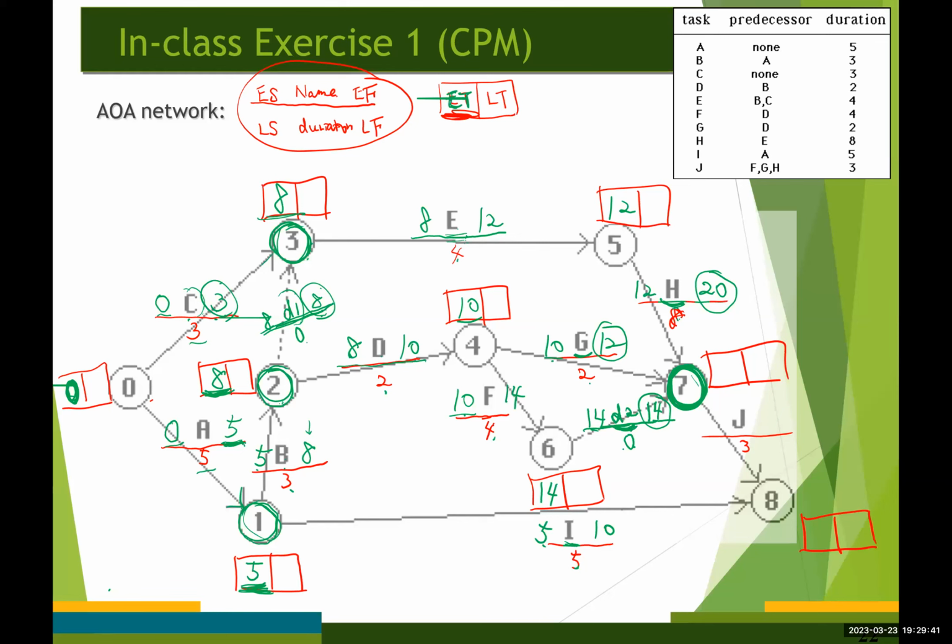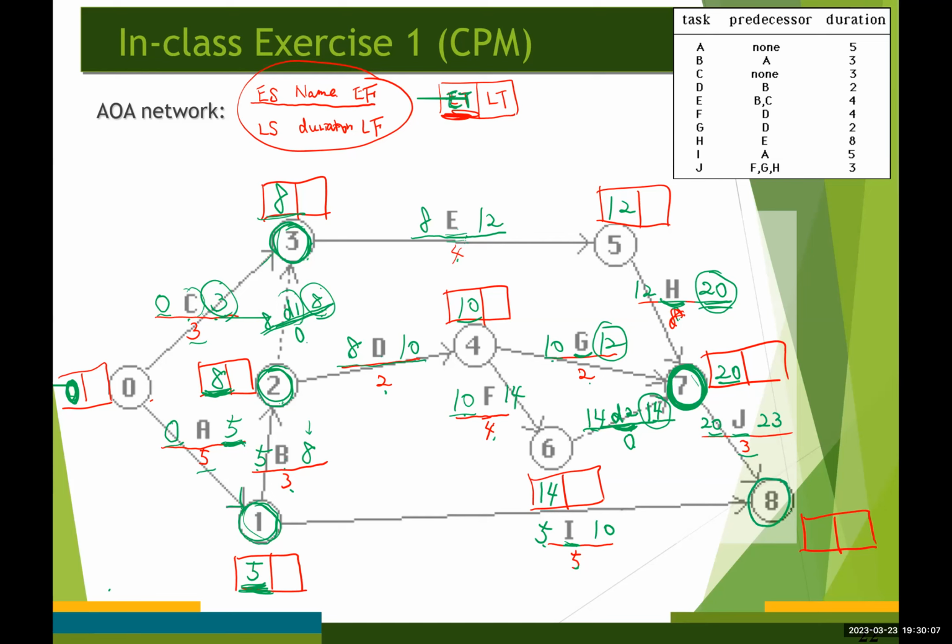So that's why you need to take the largest value, which is 20, okay? So the early start time for activity J is gonna be 20, right? From here, 20 plus 3 is gonna be 23, right?